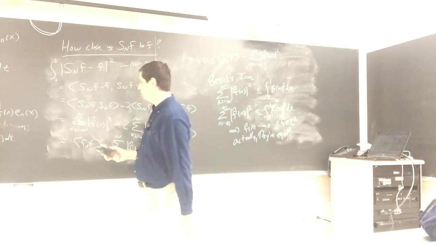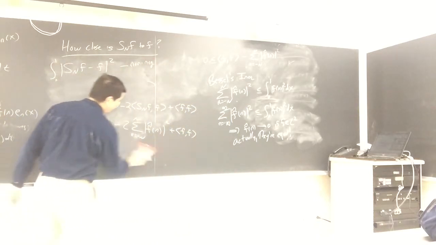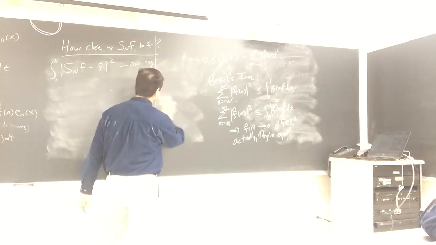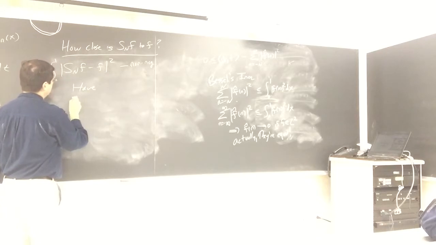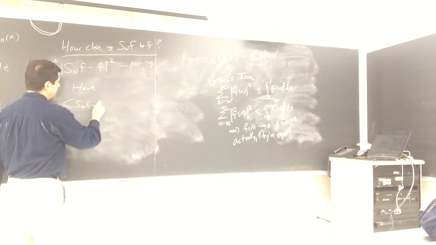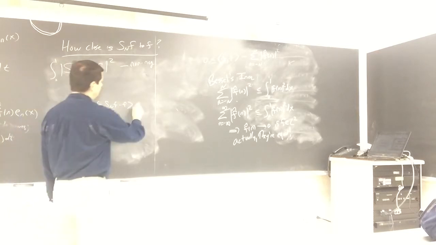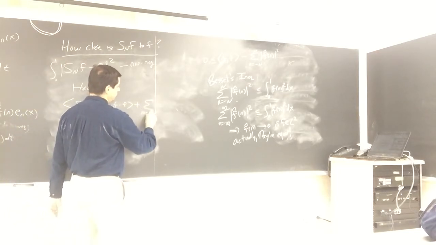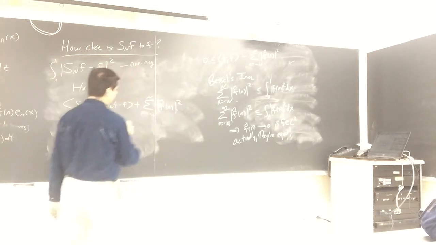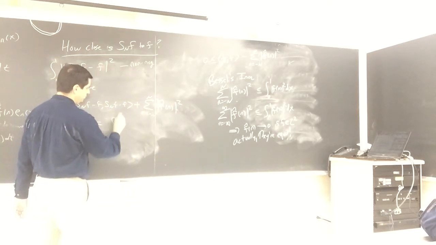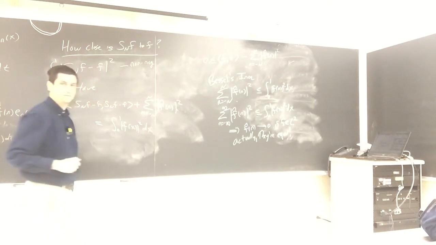So if you want to look at what's going on, we basically have S_N f minus f, plus the sum, n goes from minus N to N, of f hat of n squared, equals the integral from 0 to 1 of f of x squared dx.